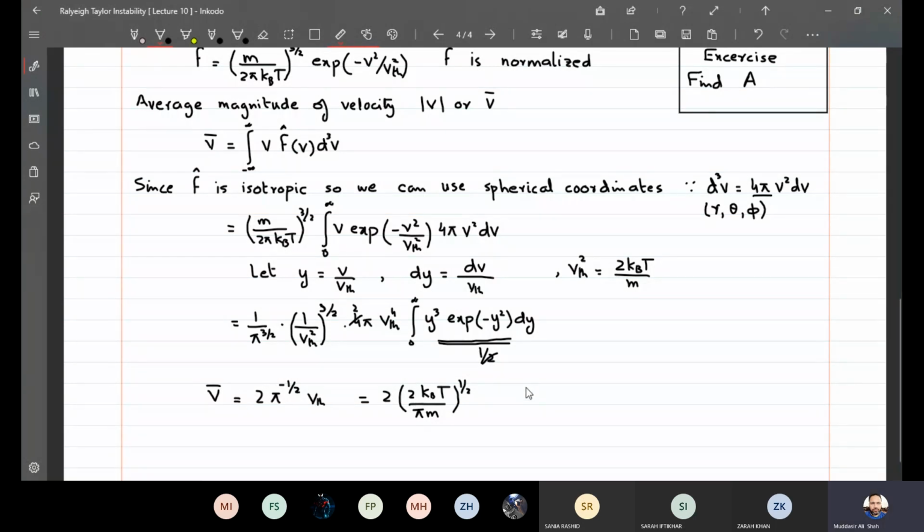We can also find the velocity component in a single direction, say Vx.